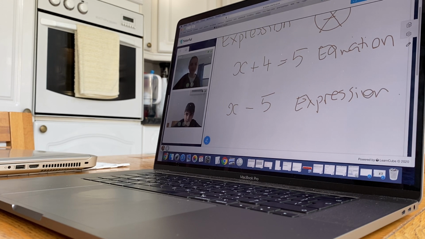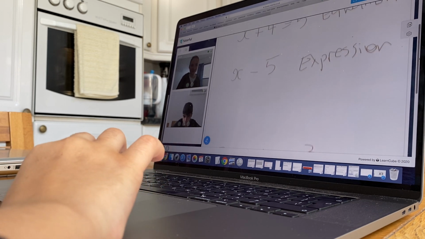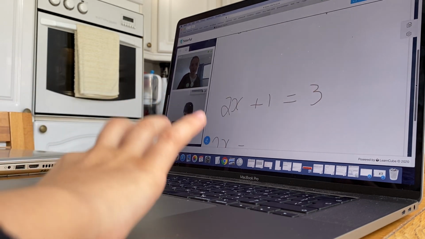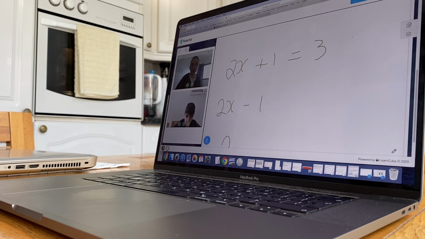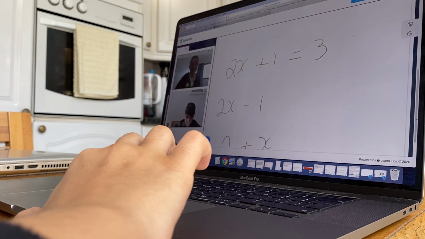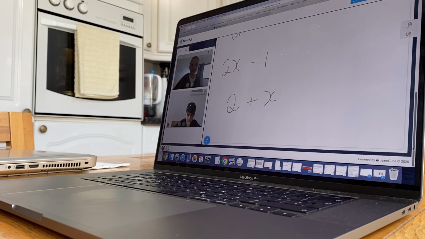Just a few quick ones: equations or expressions? 2x plus 1 equals 3: equation. 2x minus 1: expression. What about 2 plus x? An expression. What about 2 equals 2? Equation. Perfect.